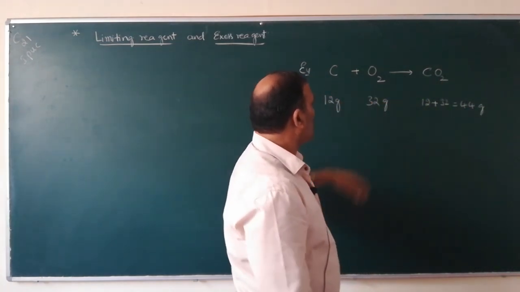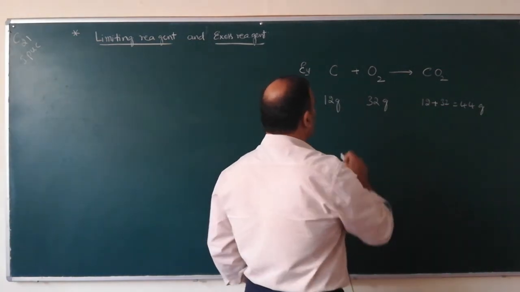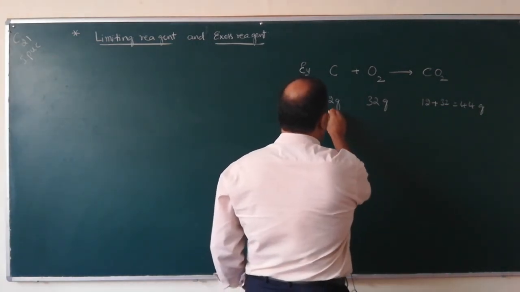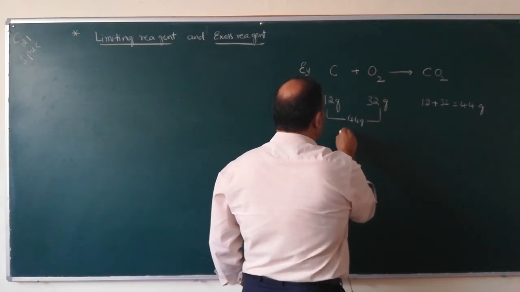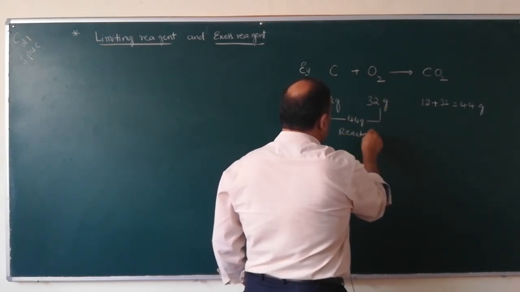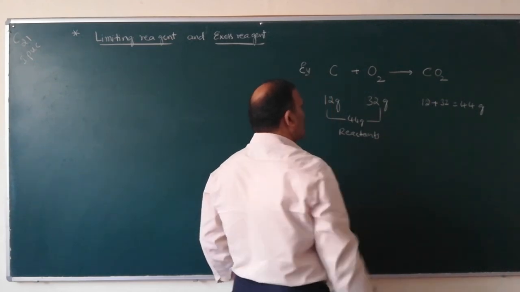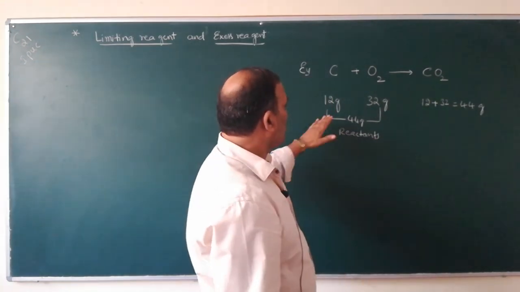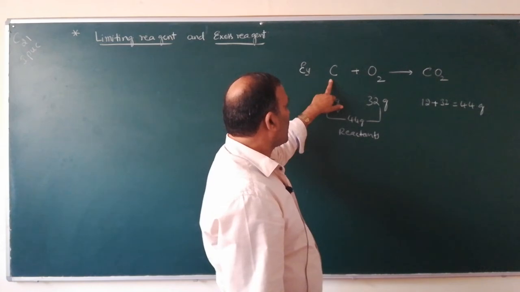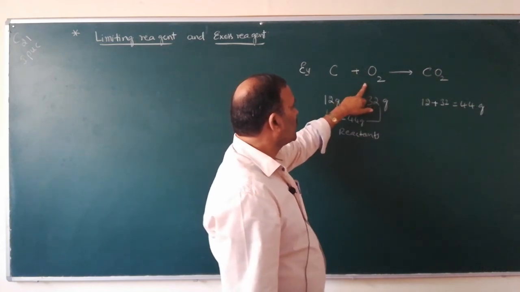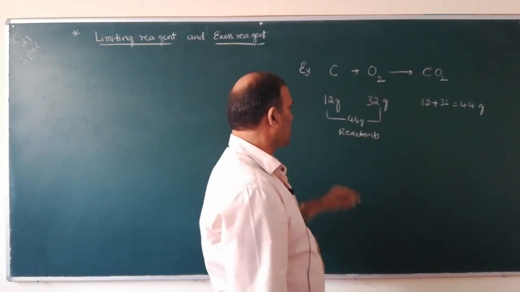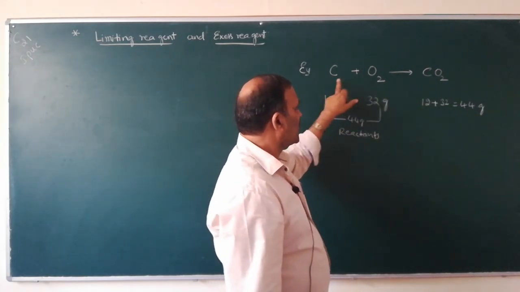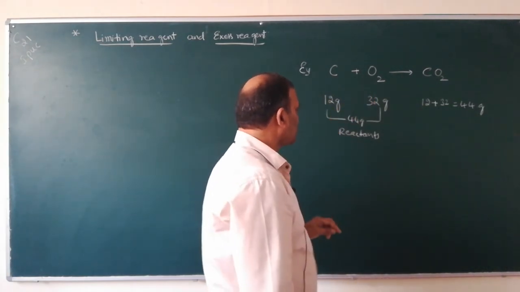Carbon and oxygen are called reactants. The mass of the reactants is 44 gram, and carbon dioxide is the product.